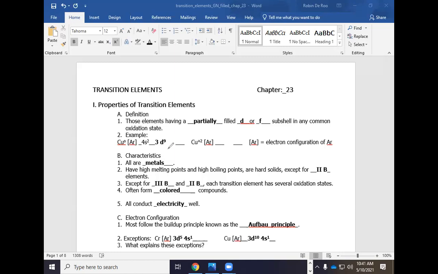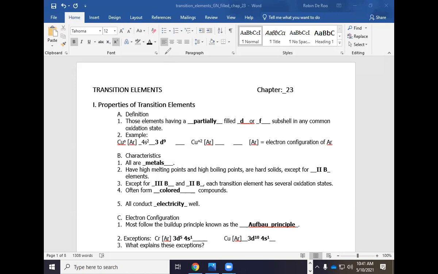But we lied to you because we didn't feel you could handle the truth. If you look on the screen here, you can see that what actually happens is you fill up the d orbital.